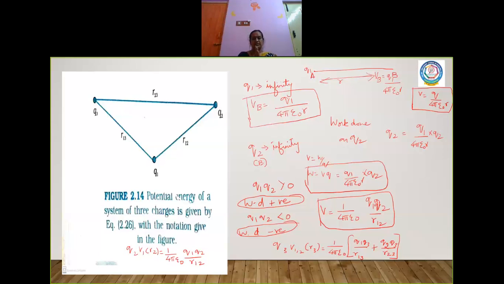Okay, so this is a very easy topic and also very important. Two topics we discussed: one is the relation between electric field and potential, the second is potential energy due to a system of charges, which is considered very important, children.